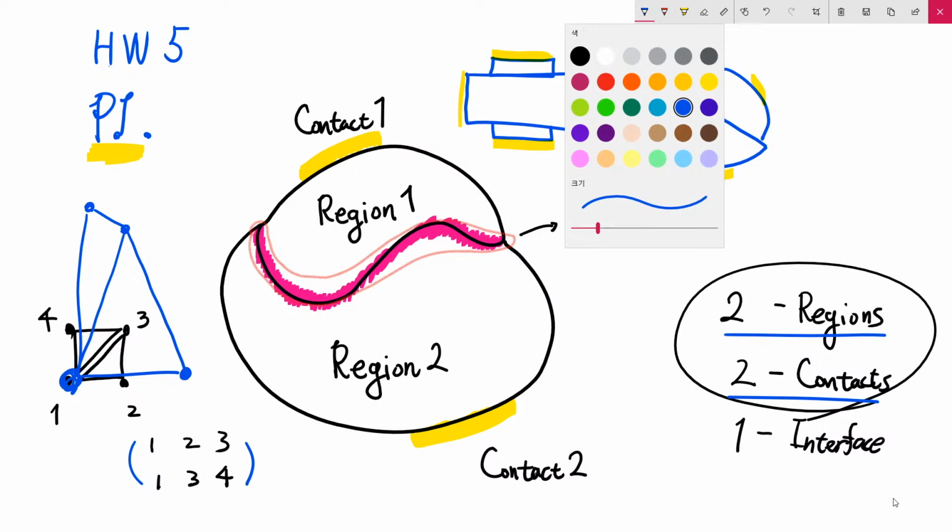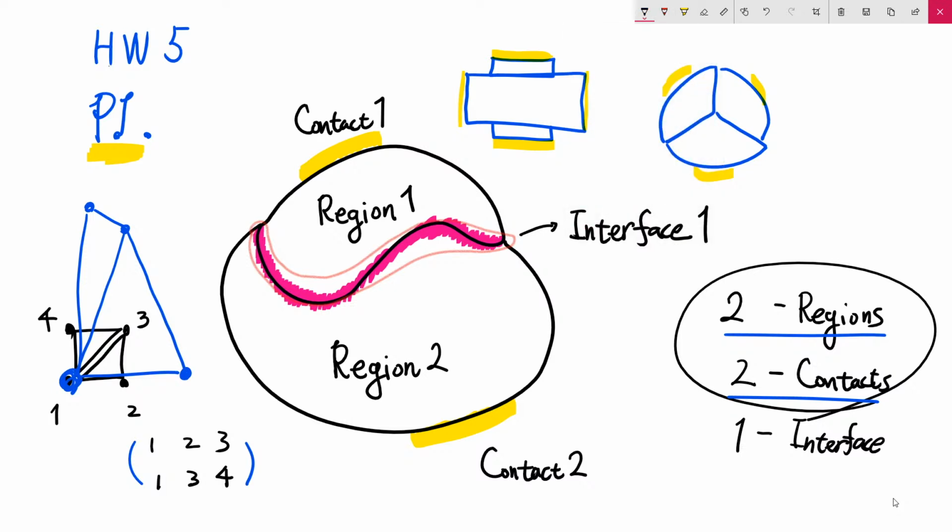So the point is not on an edge. You have to consider regions 1, 2, 3. Then you can consider 3 different interfaces, which connect region 1 and region 2, region 2 and region 3, and region 1 and region 3. Then quite naturally you will have interface edges, specified in this way.